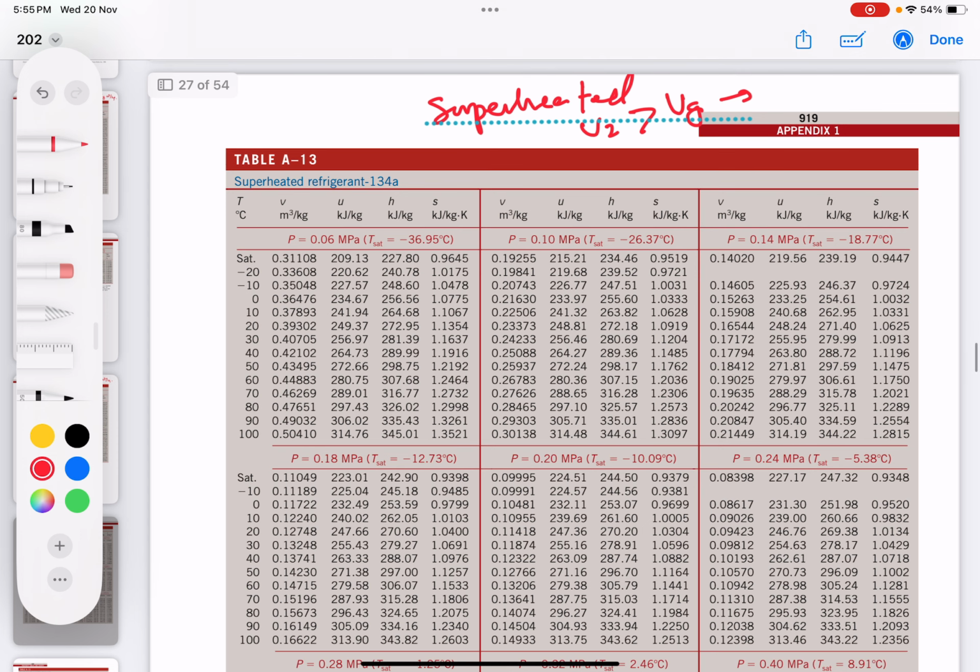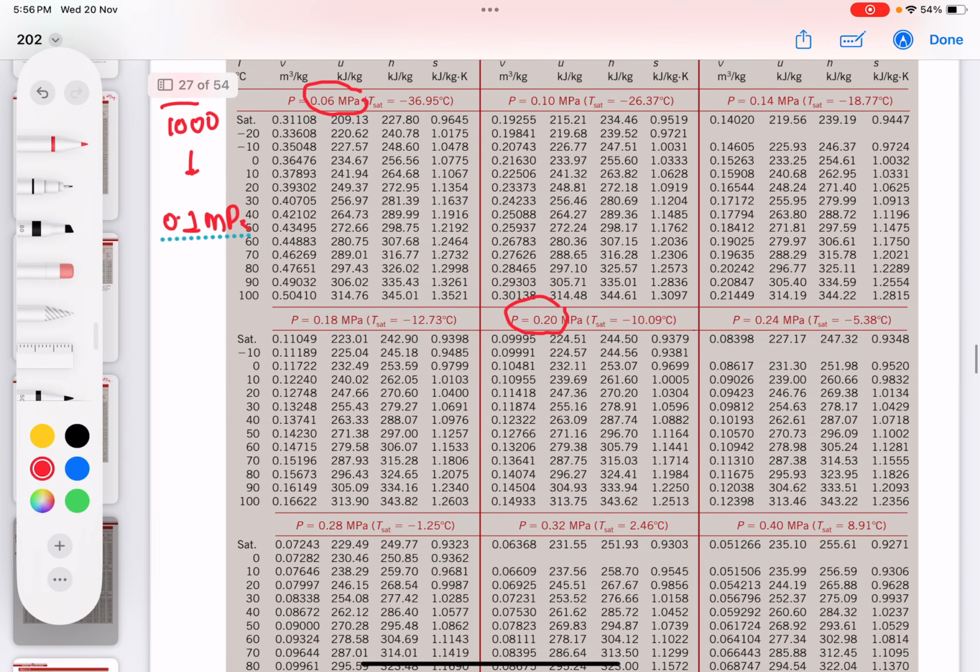And then for the superheated region here, if you notice, the pressure given is in megapascal, but my pressure at state 2 is 200 kilopascal. I need to convert to megapascal. So I have to divide by 1000, then I'm going to get 0.2 megapascal. It's here, see, the pressure of 0.2 megapascal.